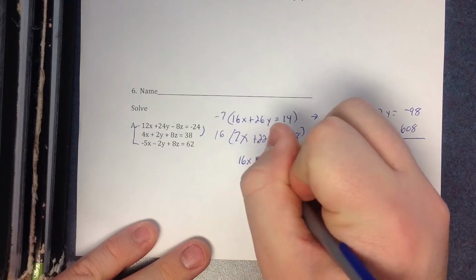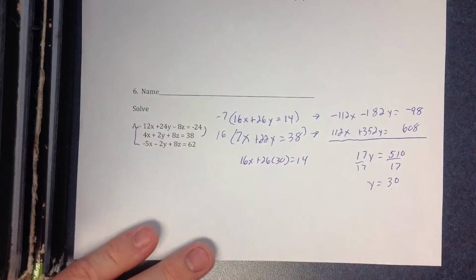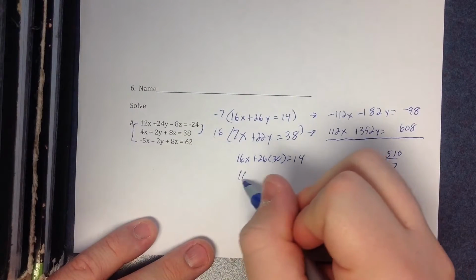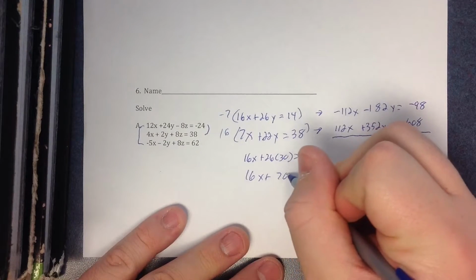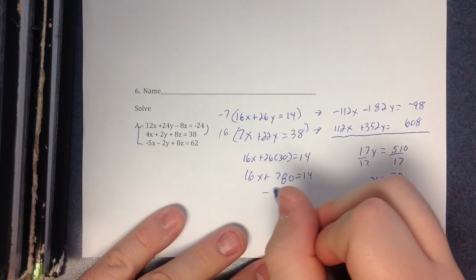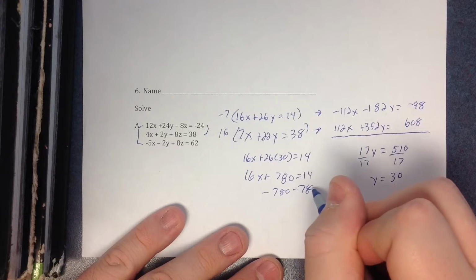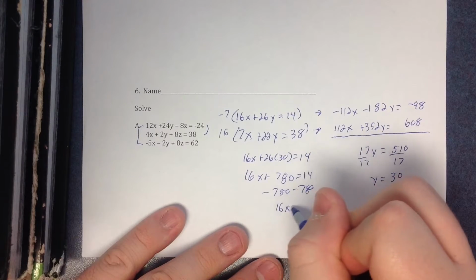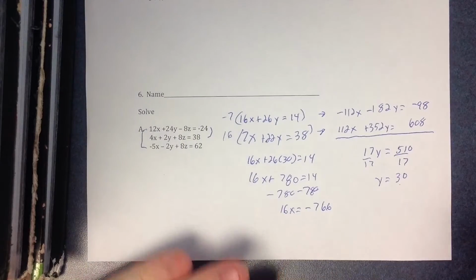So 16x plus 26, but I'm going to replace y with 30. So I'd have 16x plus 30 times 26 is 780 equals 14. So subtract 780 from both sides. Get 16x equals negative 766.